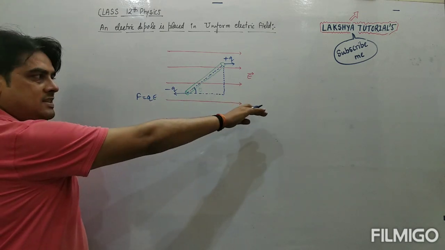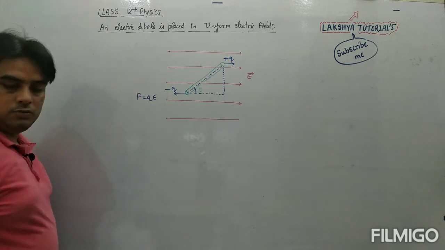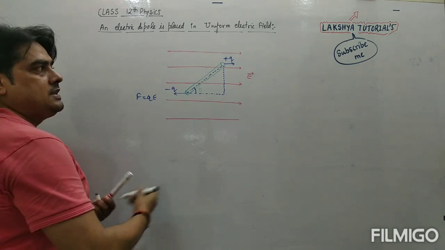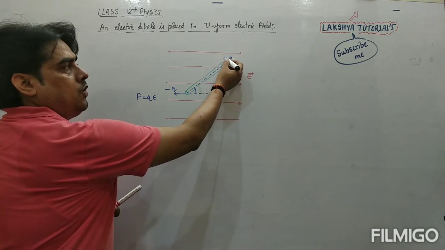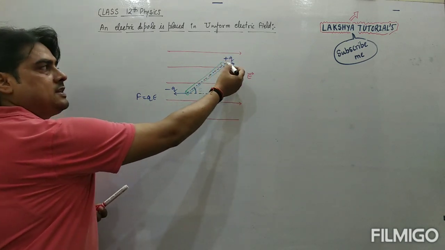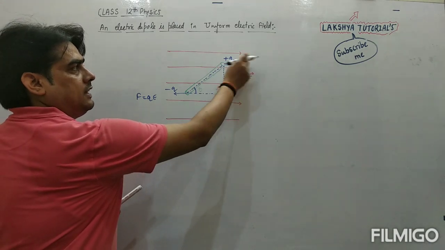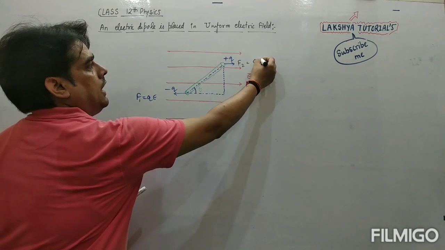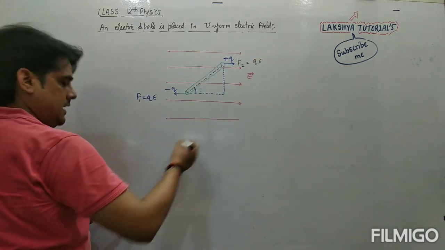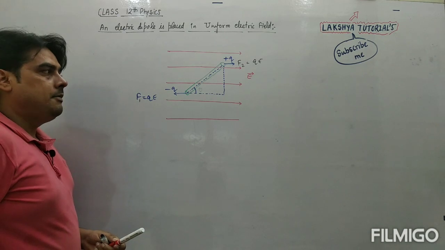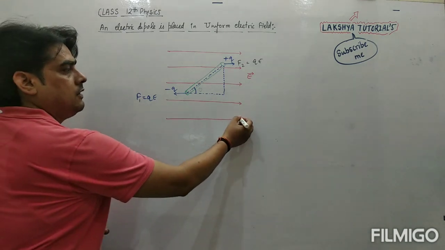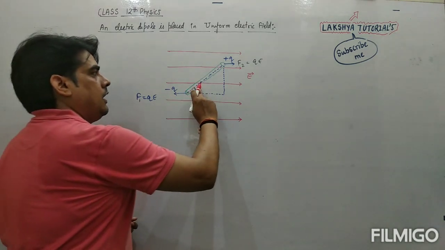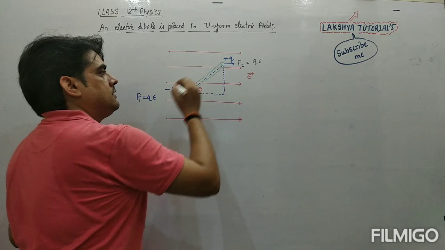Electric field is directed towards this side. That means when a single positive charge is placed in this field, the direction of the force is like this. So the force experienced on Q is in this direction. This is F1 and this is F2. The values of F1 and F2 are the same in this case, but the directions are opposite. This angle is theta.